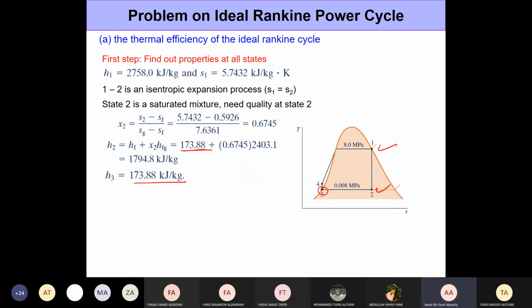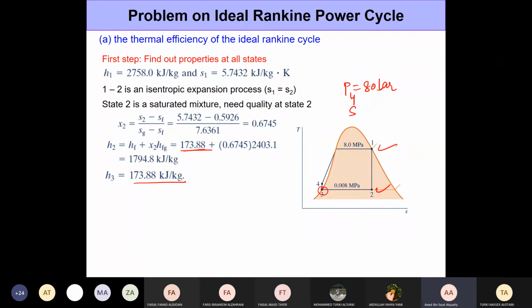Very straightforward, very simple. Now we need to determine the enthalpy at state 4. And as I mentioned, enthalpy at state 4 is a bit tricky. If you're lucky and if you have a pressure, like in this specific case where we have P4 of 80 bar, and I'm reasonably sure we have the compressed liquid table.